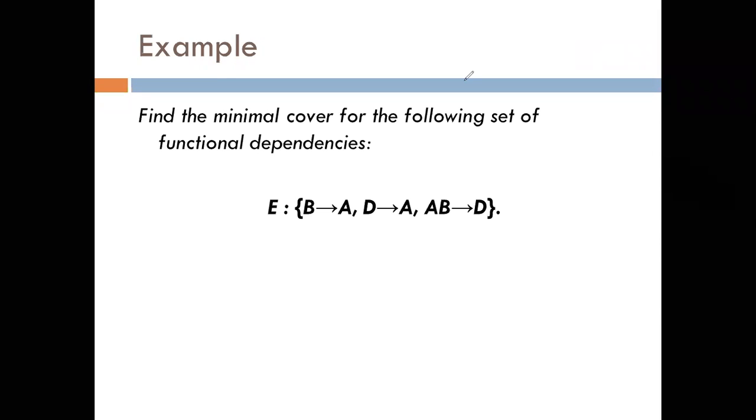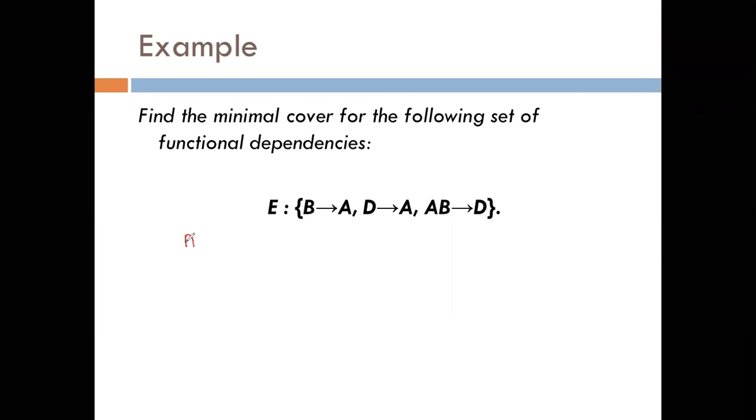Now we will look at the second step. In the second step, we need to find whether any erroneous attribute is present on the left side. So in the first step, it is the right side. The second step is regarding the left side. So now, in the second step, we will consider only those which have multiple attributes on the left side.